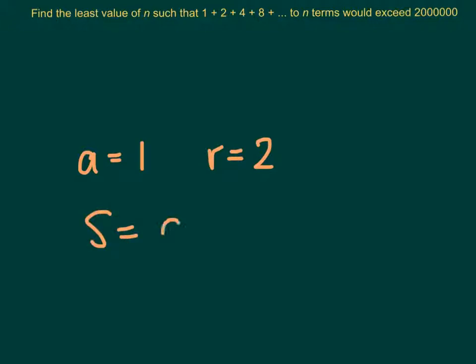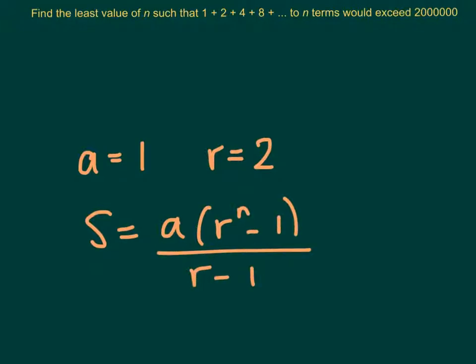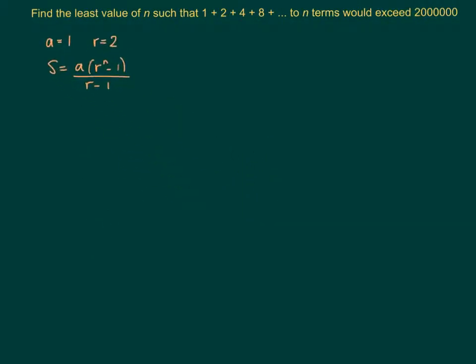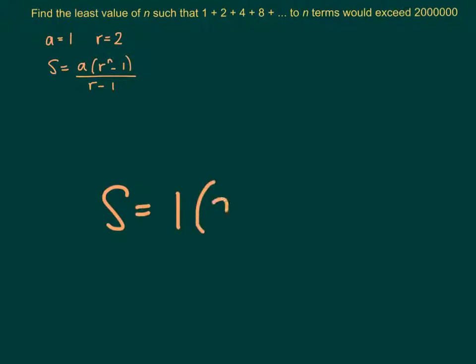So our sum formula is going to be a brackets r to the power n minus 1 divided by r subtract 1. If we substitute our values for a and r, that's going to be 1 multiplied by 2 to the power n, subtract 1, all over 2 subtract 1.